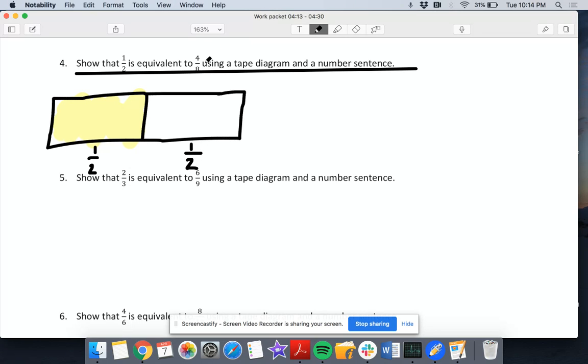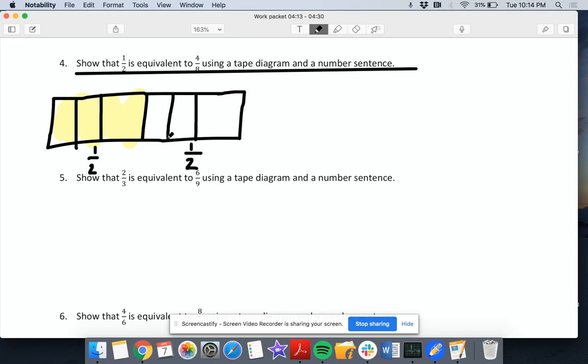And I'm going to try to represent 4 over 8 using this tape diagram. Okay, let's do the same thing we've been doing. Let's try to add a line into each box. 1, 2, 3, 4. I'm not at 8, so I know I need to add more lines, right? Let's add a line.